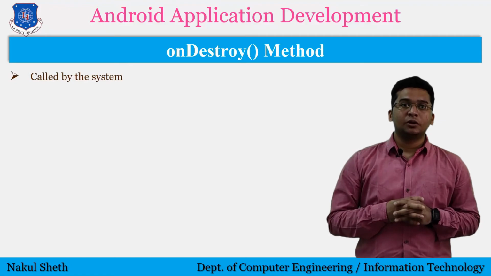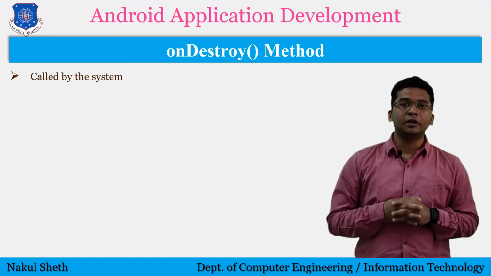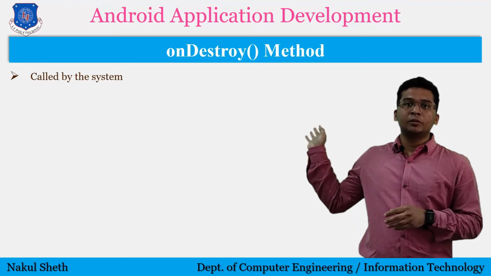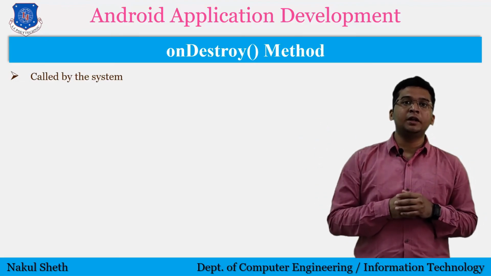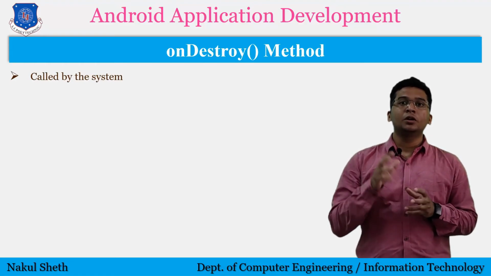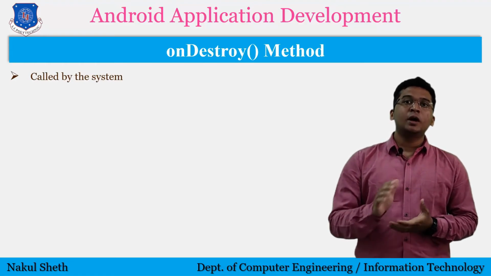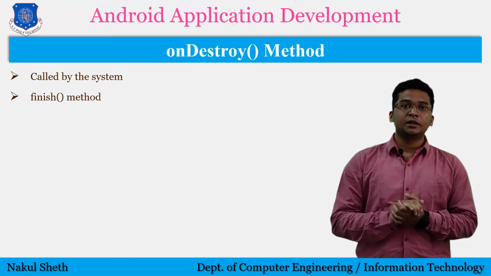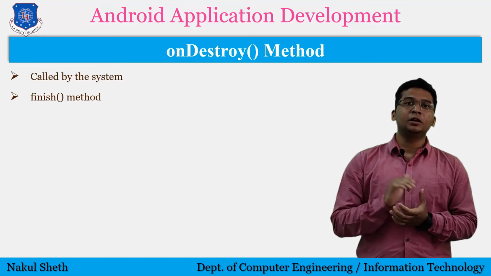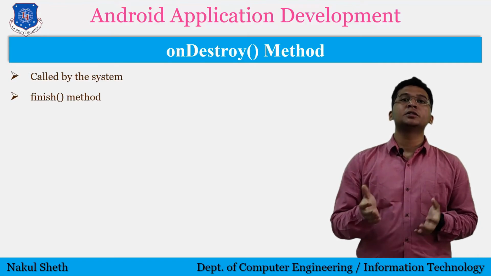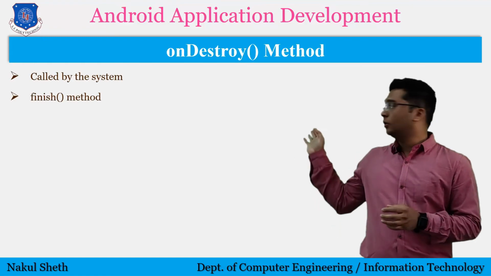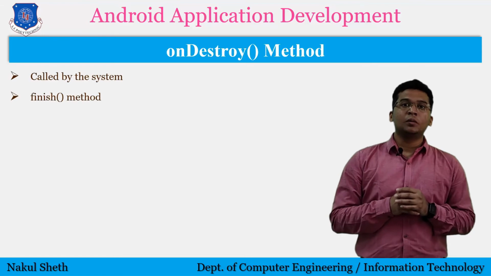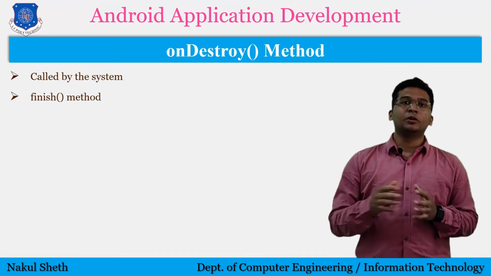We can also call this onDestroy method manually using a program. To do that, first you need to put your activity into the terminate or doesn't-exist state. By using the finish method, we can send our activity into the terminate state. Once your activity is in the terminate state, the system will invoke the onDestroy method. So students, this was all the description of all the methods.